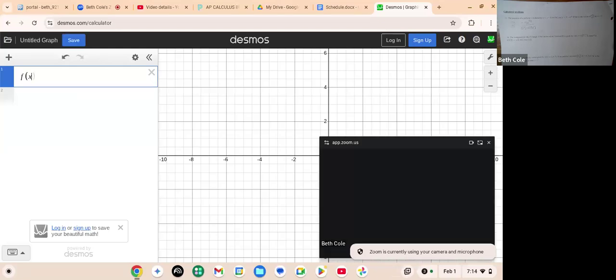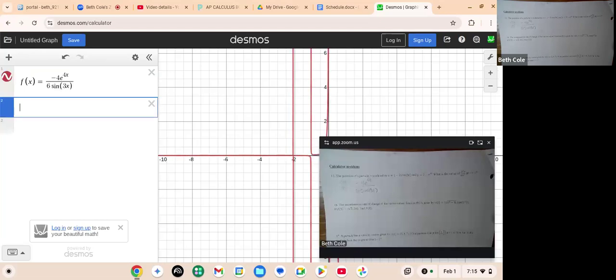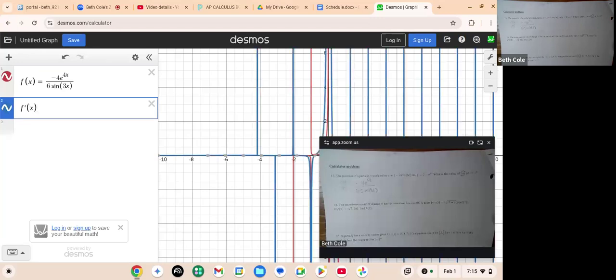And I'm sure there's a bunch of different ways you can choose how you want to type this in. Here's what I'm going to do. I'm going to write this derivative that we just found as a function. And I'm obviously putting x's instead of t's here. So that I can come down here and do the derivative of it.